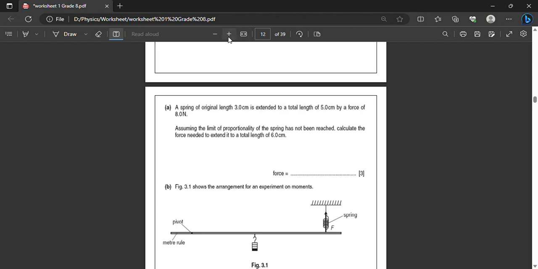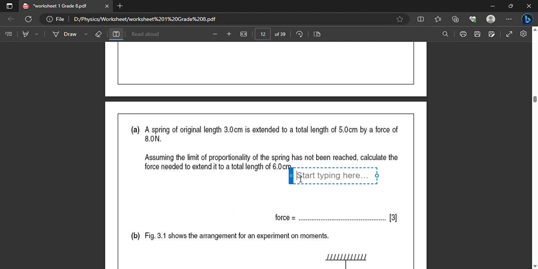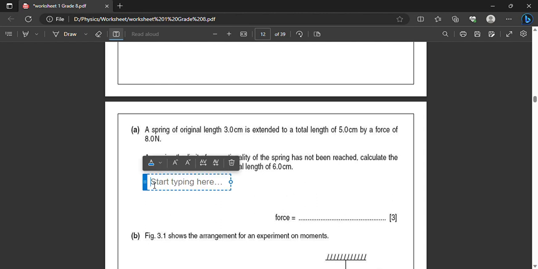Now the question: a spring of original length 3 centimeters is extended to a total length of 5 centimeters by a force of 8 newtons. Assuming the limit of proportionality is not exceeded, calculate the force needed to extend the spring to a length of 6 centimeters. So first we find the value for 1 centimeter of extension. This is easy: 5 centimeters equals 8 newtons, so for 1 centimeter you divide 8 by 5 and get 1.6.